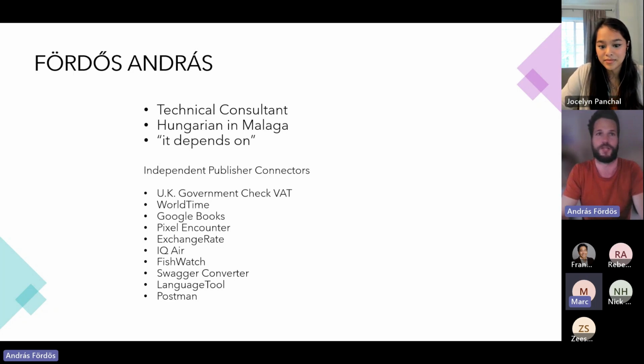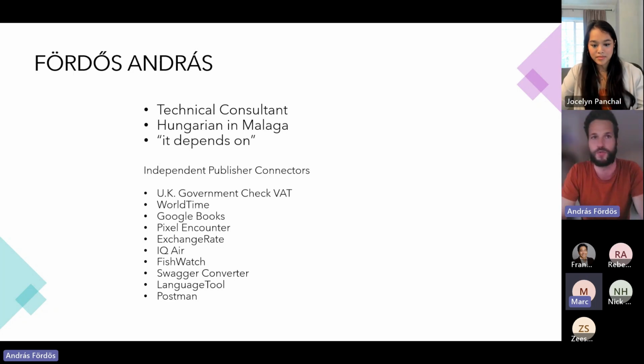I was working on creating a customer data platform solution for one of our partners, and they were looking for enriching that data set about their customers, about their accounts, and it came very handy that we had a connection API to the British government, checking and verifying VAT numbers. So that's how I connected to this part.